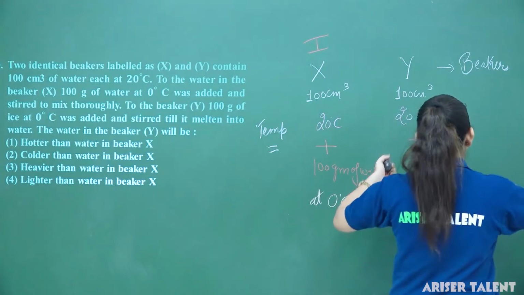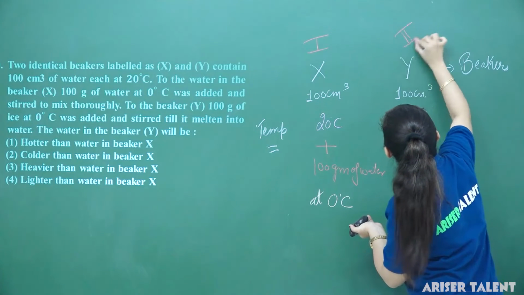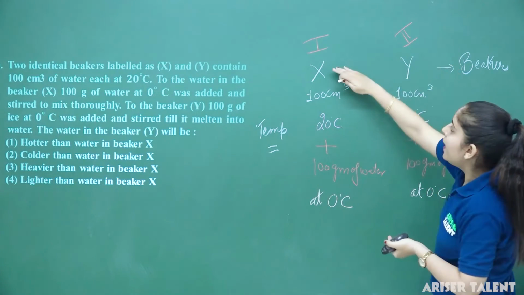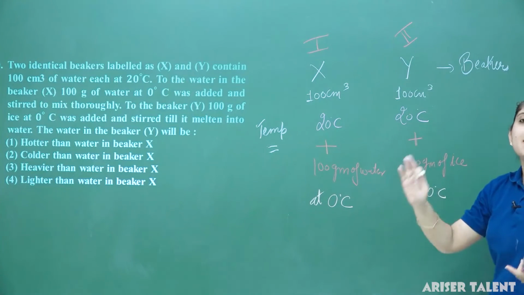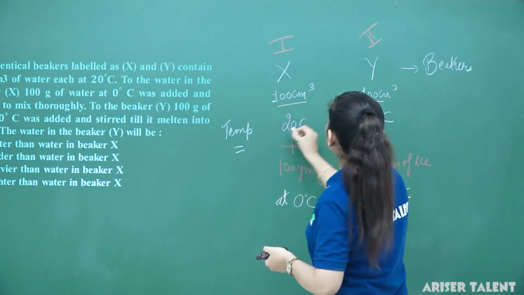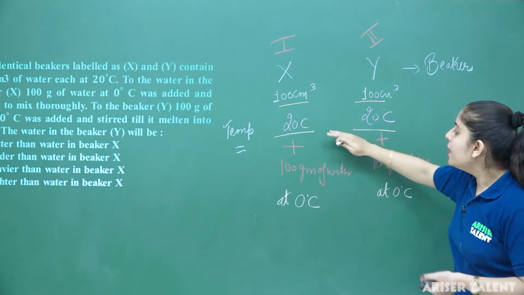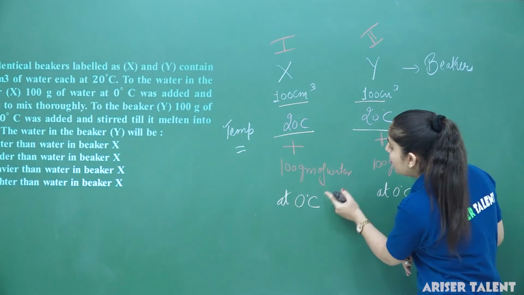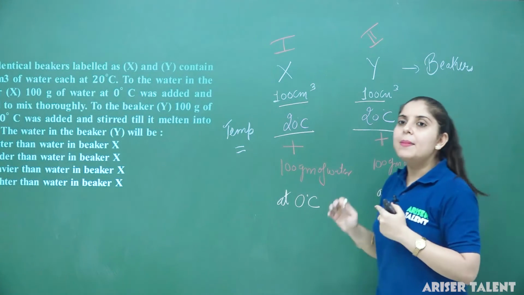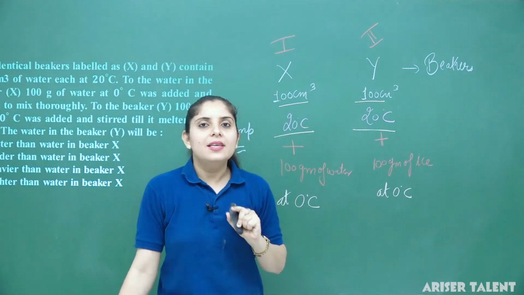So let us revise the question once again. This is our setup 1 and this is our setup 2. Initially we are given the two beakers X and Y, both containing 100 centimeter cube water, and the temperature is same, that is 20. Now in beaker number 1, I am adding 100 gram of water at 0 degrees Celsius, and in beaker number 2, I am adding 100 gram of ice at 0 degrees Celsius.